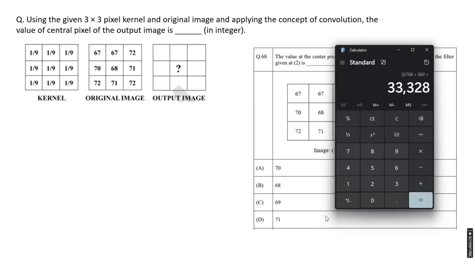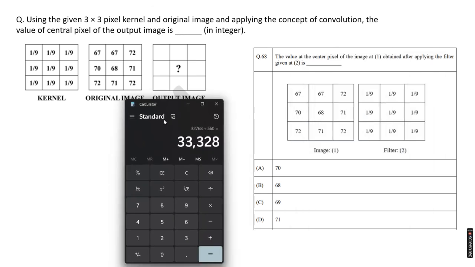So I will do it along with you. So we have 67 plus 67 plus 72 plus 70.